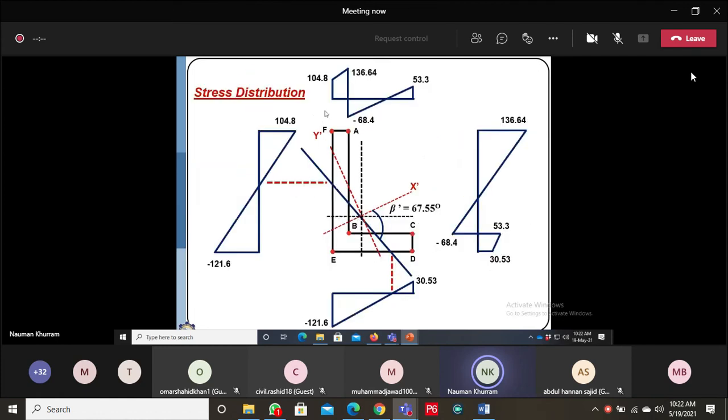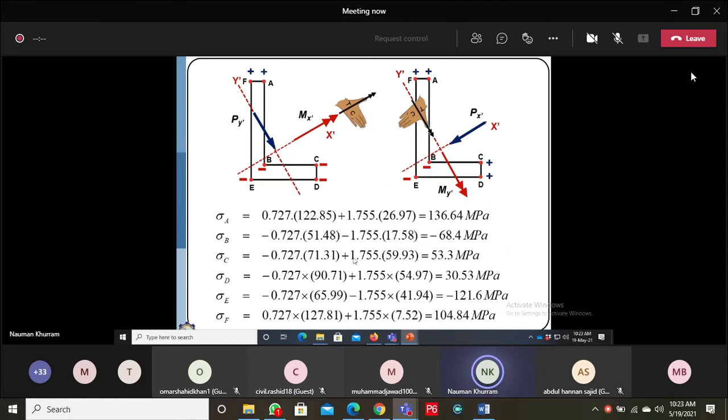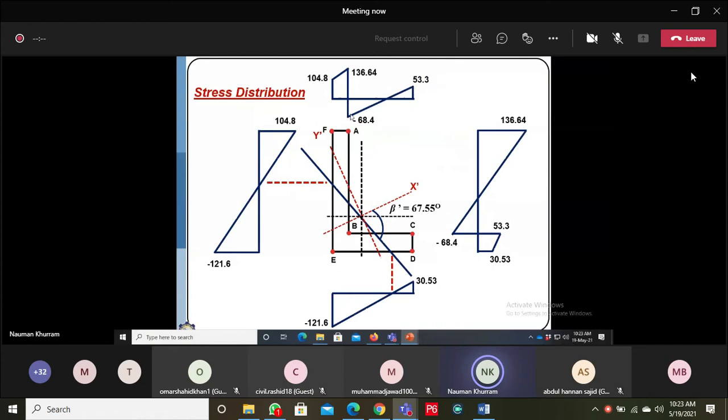So we are moving from F to A, then immediately coming down to B, where the stress is negative 68.4, and at point C it is 53.3, a positive value again, so the stress is again changing.